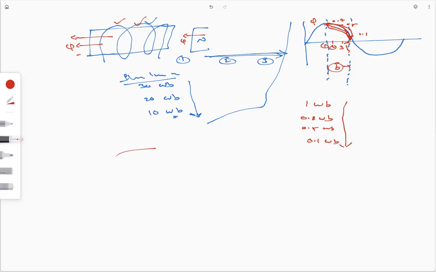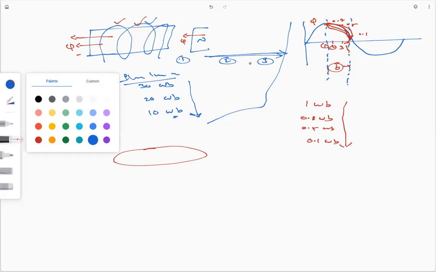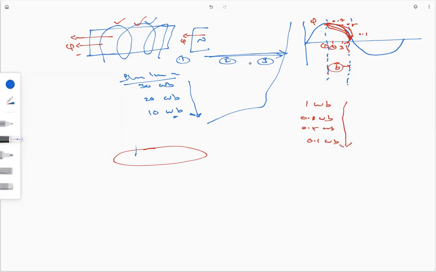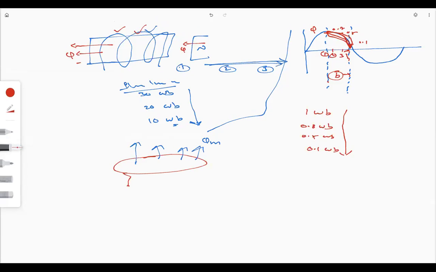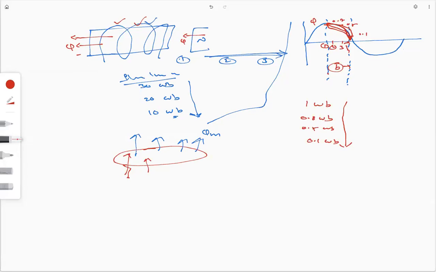Therefore, if this is the coil and this is the main field flux, in which direction will the coil flux be? The coil flux direction will be like this. This is the coil flux direction. Clear, everyone?